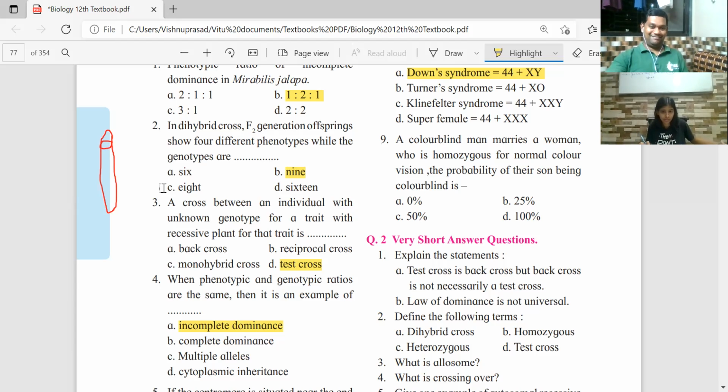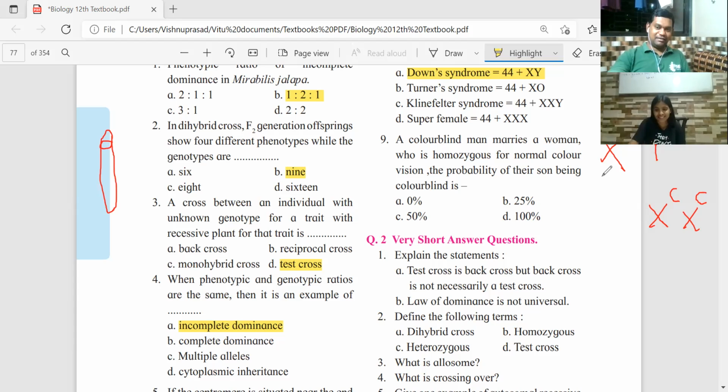Zero, no, 50, no, do it calmly. The colorblind man is X with a small c and Y. The other side, the woman, is completely normal, so X with a capital C, capital C.